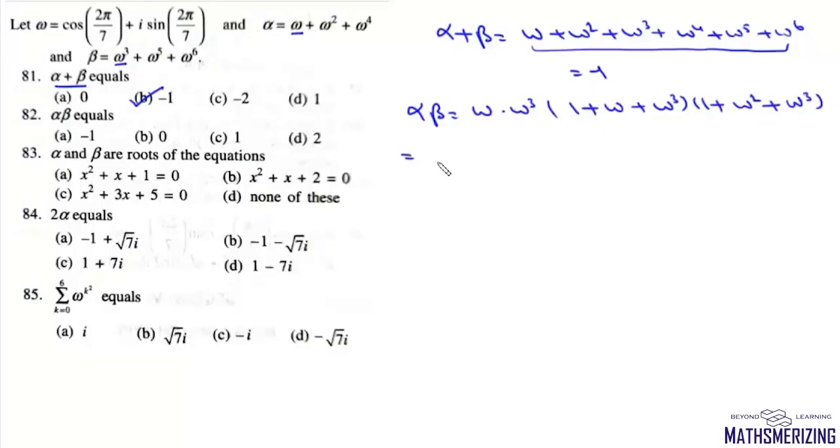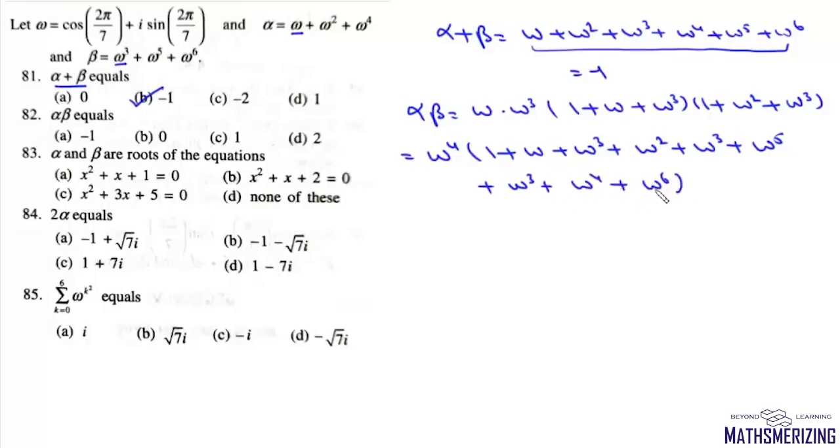Now if we multiply them, we can write omega to the power 4, and here it will be 1 plus omega cube plus omega square plus omega cube plus omega to the power 5 plus omega cube plus omega to the power 4 plus omega to the power 6.